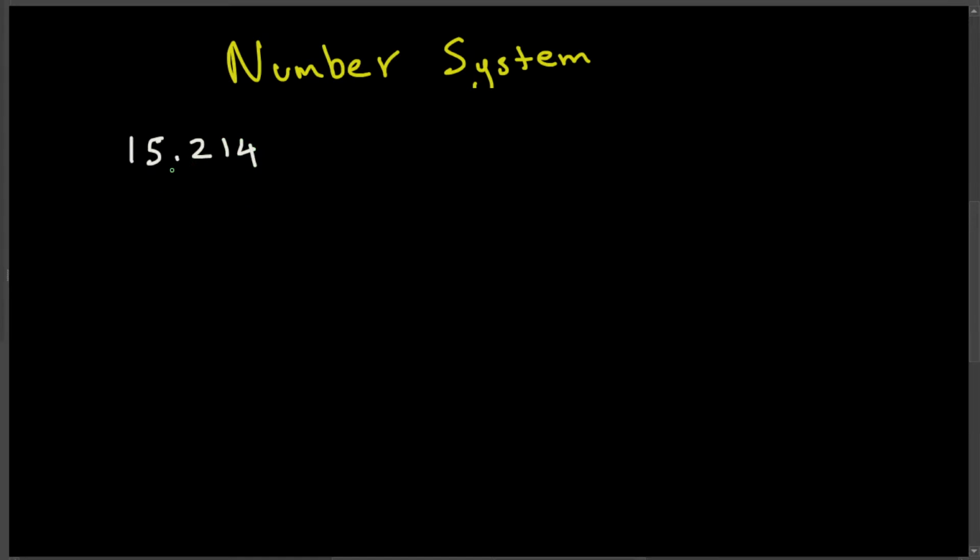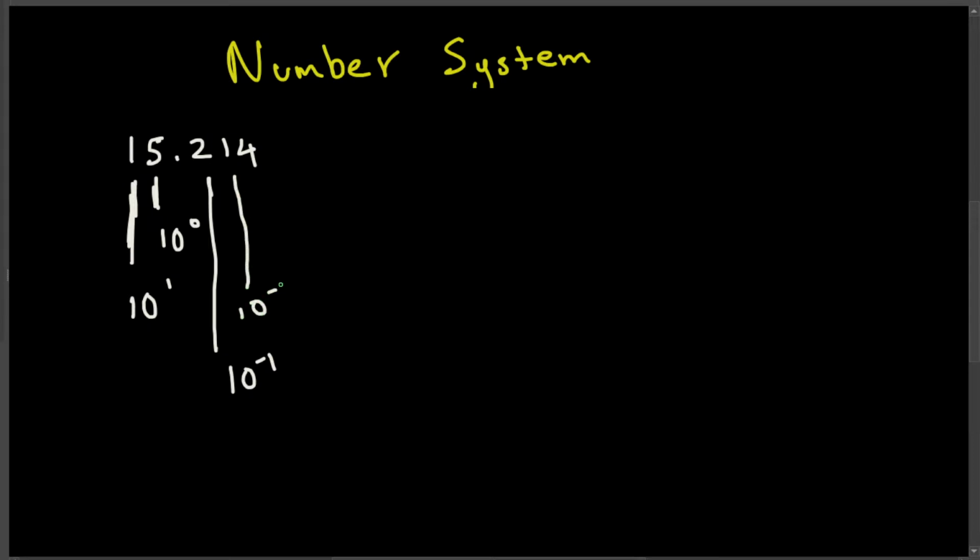And the number on the left side of the decimal place, the first number always contains 10 to the power of 0. The second number contains 10 to the power of 1. But as it goes to the right side of the decimal point, this becomes negative. This is 10 to the power of -1, and this one becomes 10 to the power of -2, and this one is 10 to the power of -3.